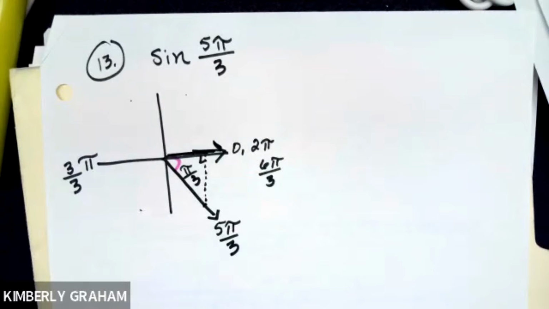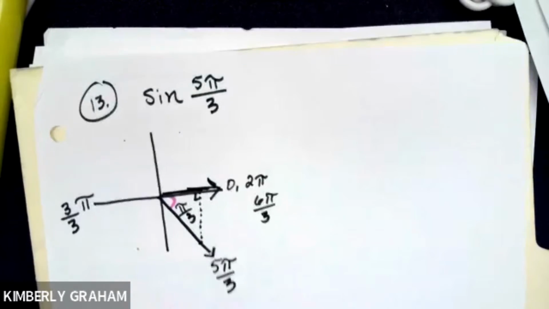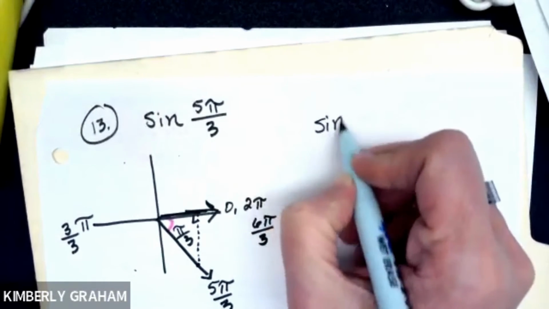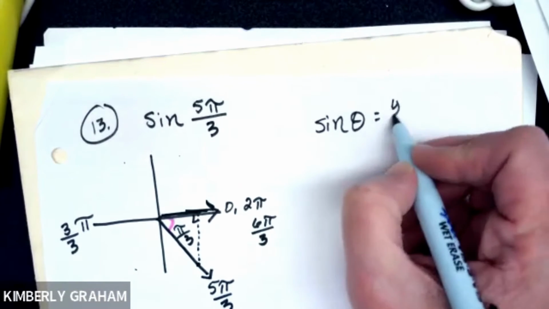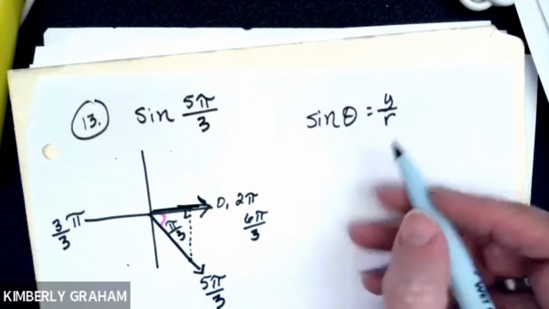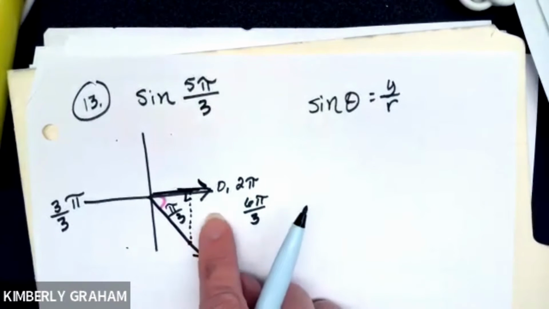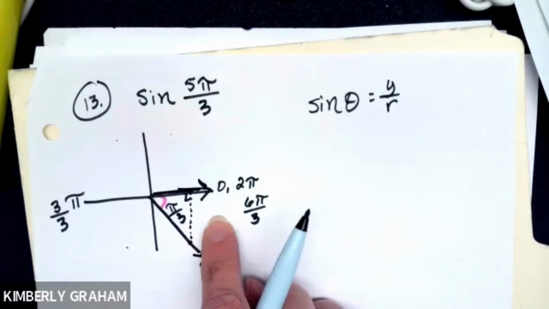Now I'm looking for the sine value of that angle. The sine of theta is y over r. If I'm down here in quadrant 4, is my sine value going to be positive or negative?